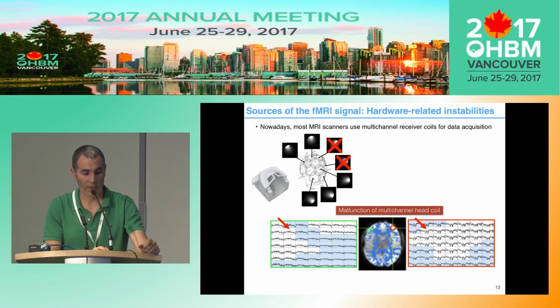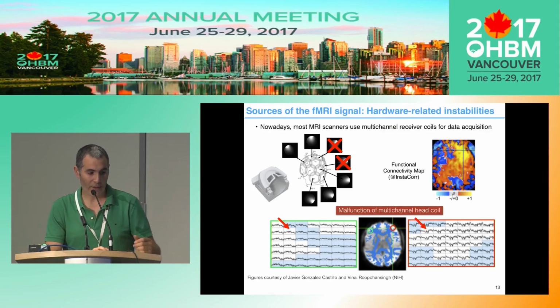in the left frontal part of the brain, have artifacts at the middle of the acquisition that are due to the malfunction of the multi-channel head coil, and that can create a very strong artifact.